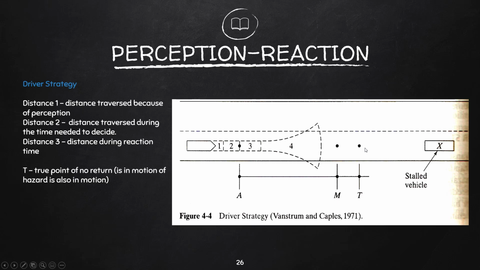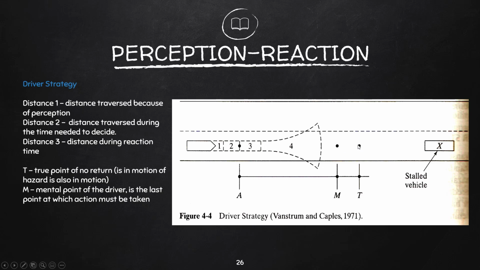The point T is the true point of no return, where the vehicle is in motion and the hazard is also in motion. M is the mental point of the driver, the last point at which action must be taken. So the distance between these points is very critical.